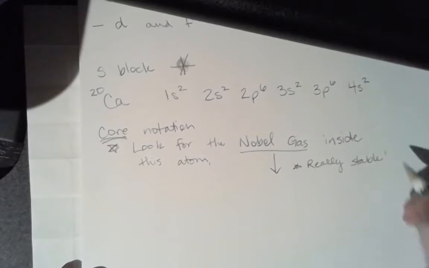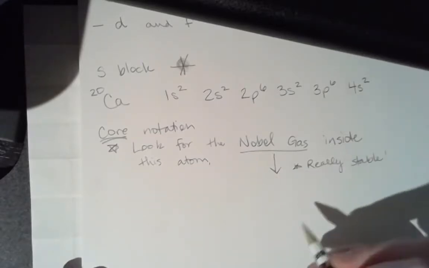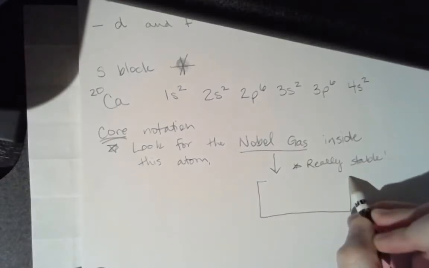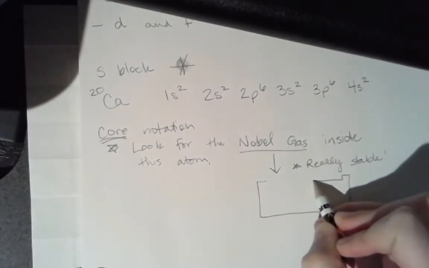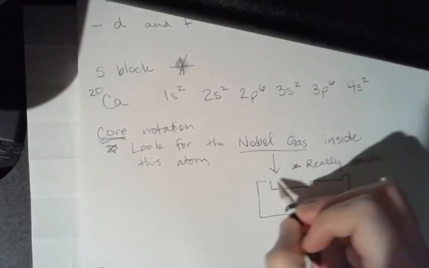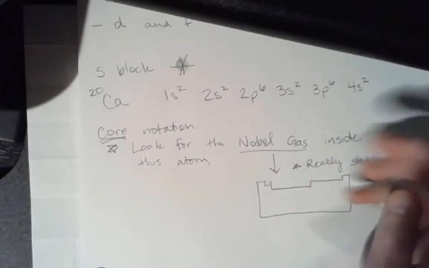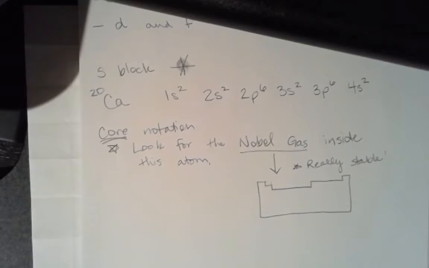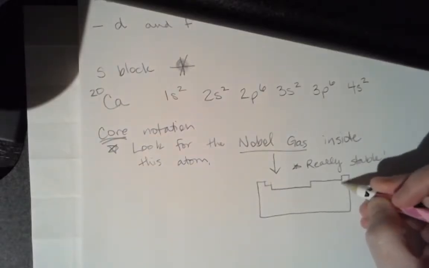And they are located over here. So you've done your whole giant table, and you've learned to either love or hate it, as the case may be. And this is not super great, but it's good enough as an outline of the whole table. And your noble gases are over here.